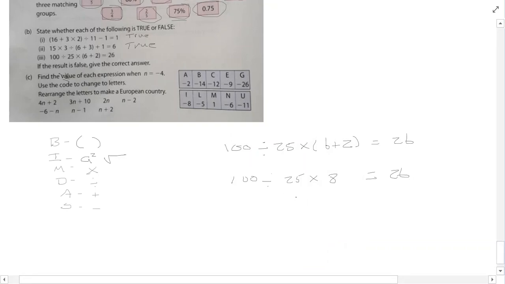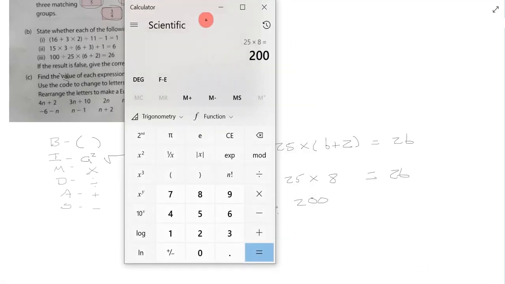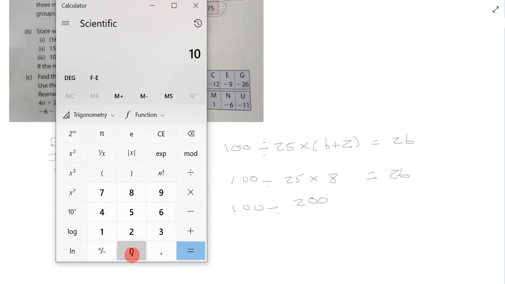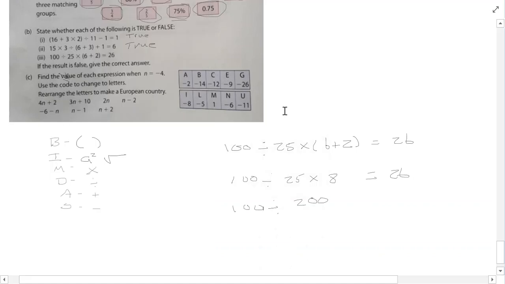So this is 200 divided by 100. 200 divided by 100 is going to be equal to 2. So it's going to be 2 is equal to 26. That's not equal to 26, so therefore this last part is false.